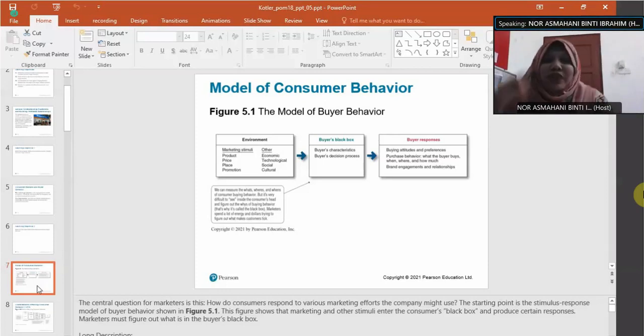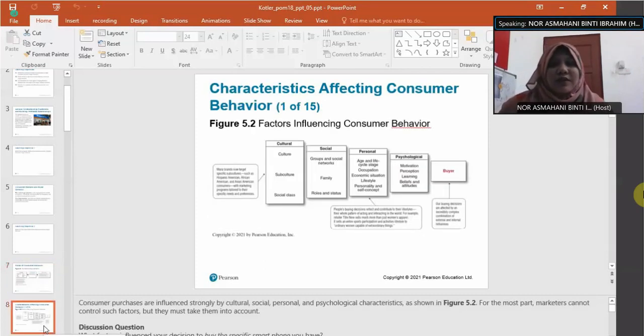Oh, you pun fikirlah, you pun rasa, oh, I thought I bought the product because I need it, right? Tapi you tak sedar, there are a lot of factors actually yang mempengaruhi you before you buy products or get a service. Okay, so these are the factors that also influence consumer behavior. We have culture, social, personal, and psychological factors that influence a buyer before making a buy. Oh my God, there are many factors actually.